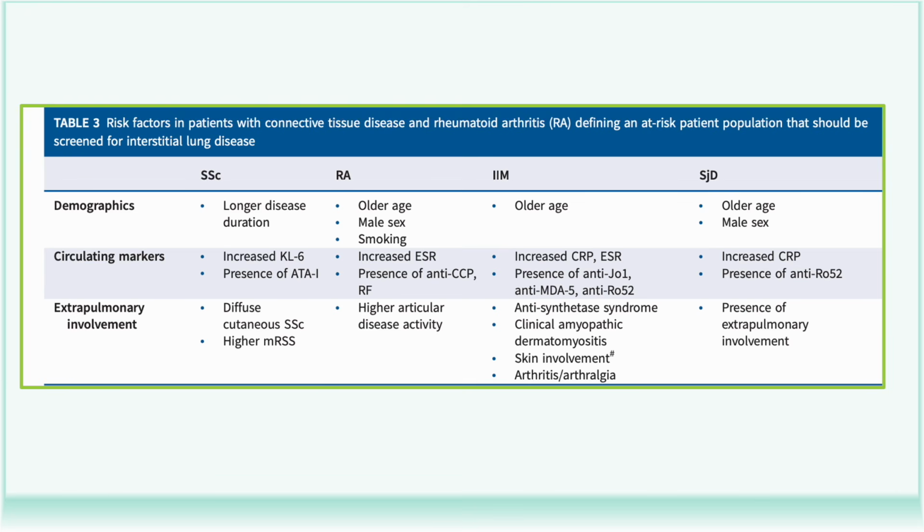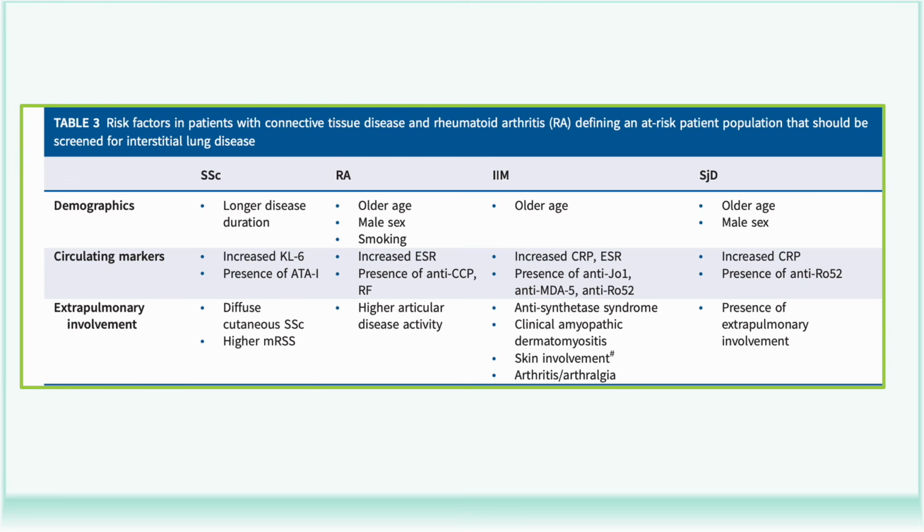And ATA1 is none other than your SCL70. The full form is anti-topoisomerase antibody 1. So anti-topoisomerase antibody, earlier known as SCL70, if that is positive, you must screen your patient with an HRCT chest. And if the patient has a diffuse cutaneous type of systemic sclerosis, and this patient has a higher extrapulmonary involvement, you must screen this patient.